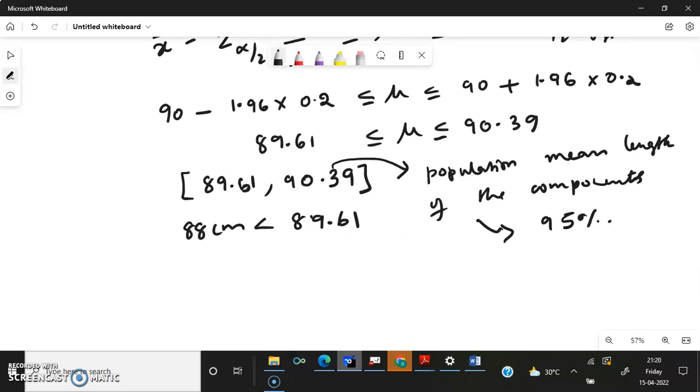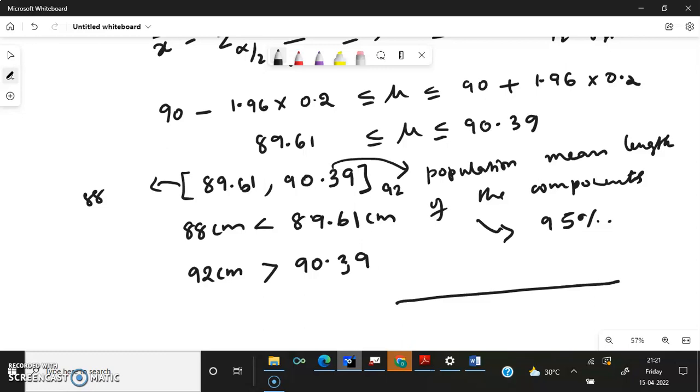The other one is 92 centimeter, which is greater than 90.39. So 88 will come outside this interval, and 92 also will come outside this. I can draw the line and show you.